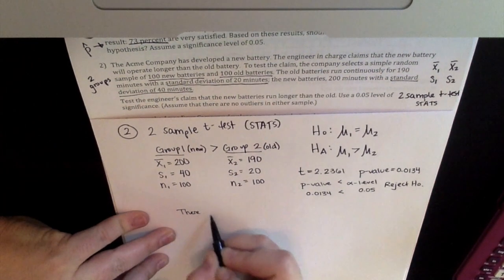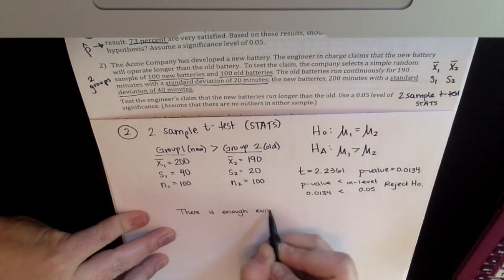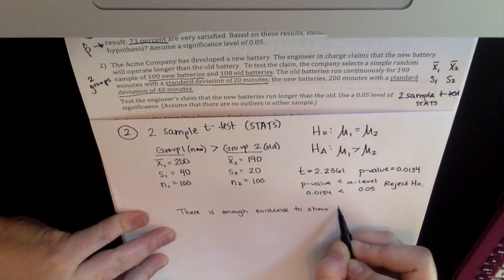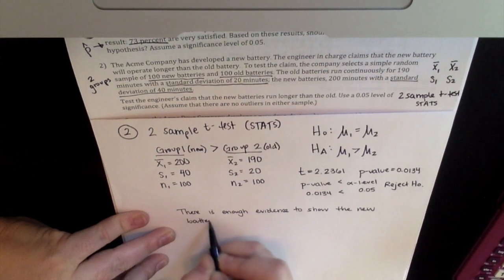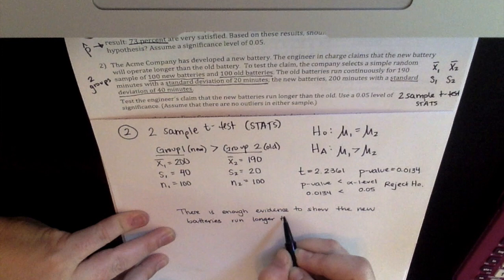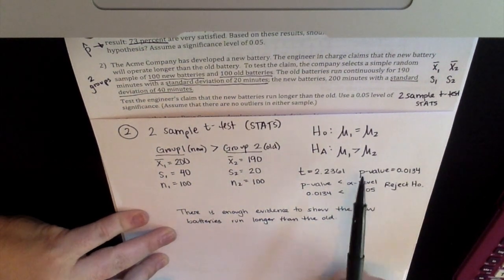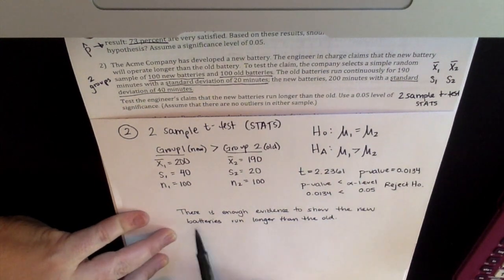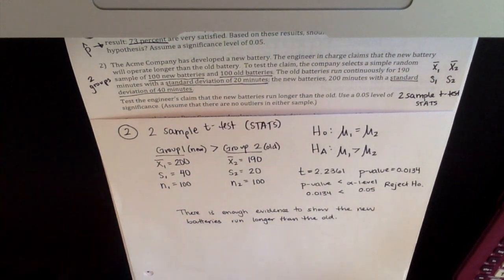So there is enough evidence to show the new batteries run longer than the old. I could even say the mean for group 1 is bigger than group 2. I'm just showing the change, and I'm using this wording right here, run longer than the old, okay?